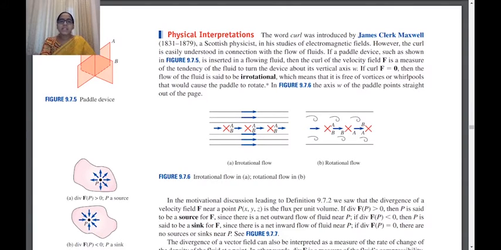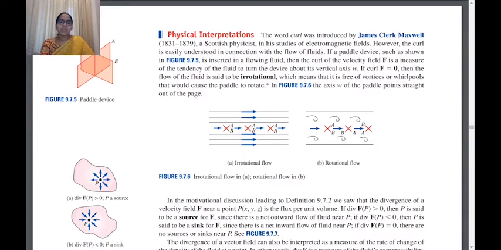If a paddle device, as shown in figure 9.7.5, is inserted in a flowing fluid, then the curl of the velocity field F is a measure of the tendency of the fluid to turn the device about its vertical axis W. And if curl F is 0, then the flow of fluid is said to be irrotational, which means that it is free of vortices or whirlpools that would cause the paddle to rotate.